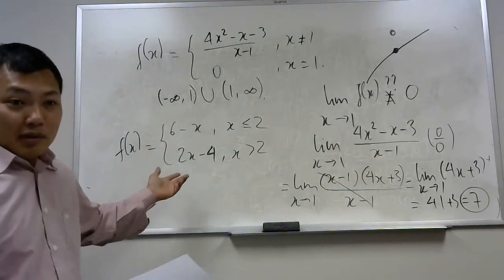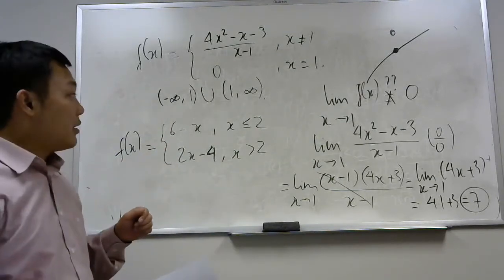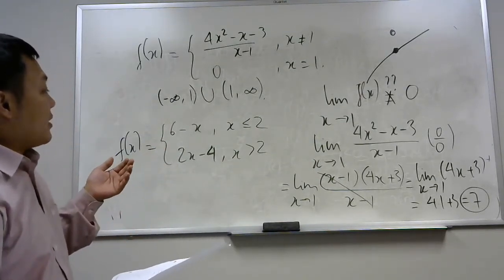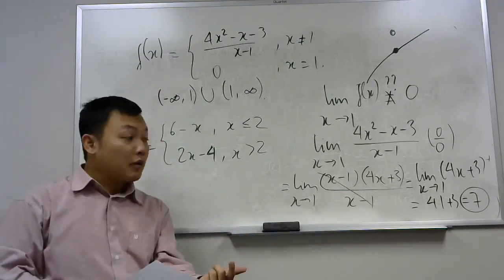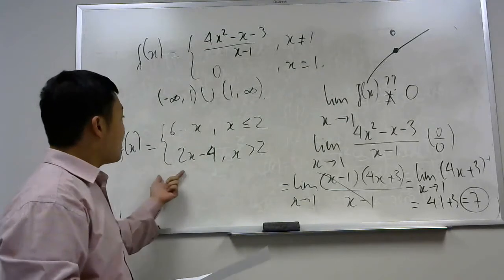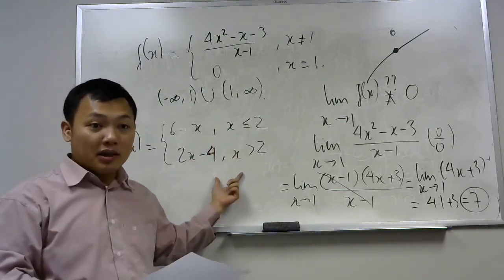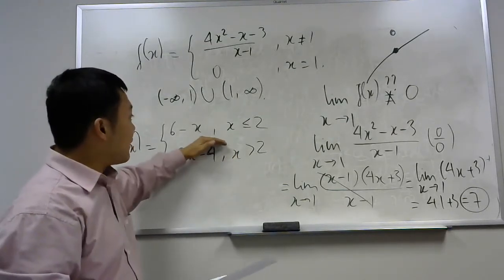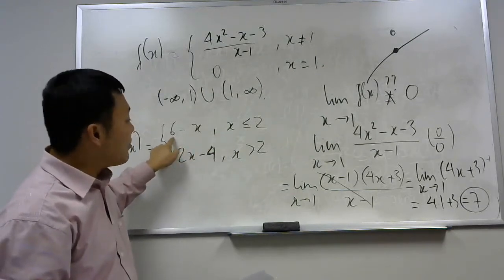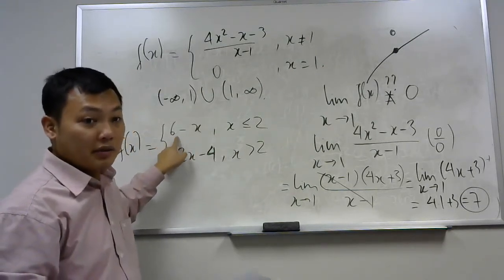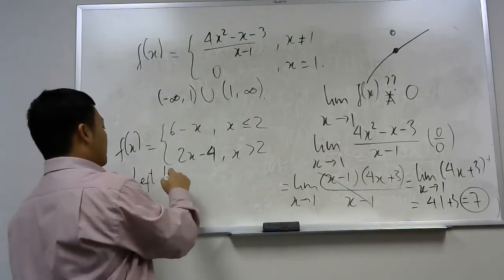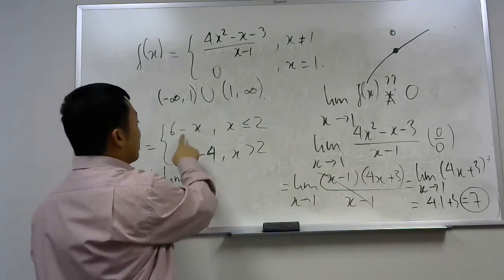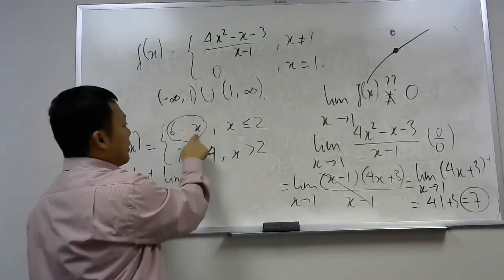The second problem is easier because we have two parts, the left and the right. The only thing we need to convince ourselves of is that the function has the same left and right limits. To find the left limit, I just take the left part and plug 2 into it.